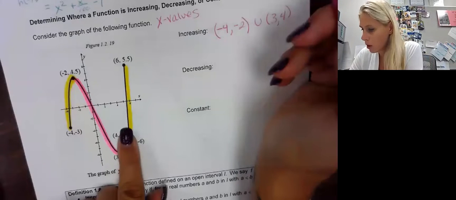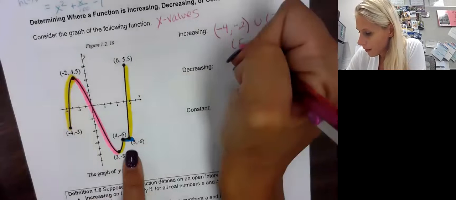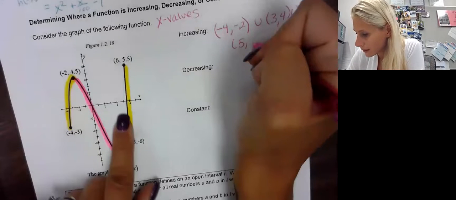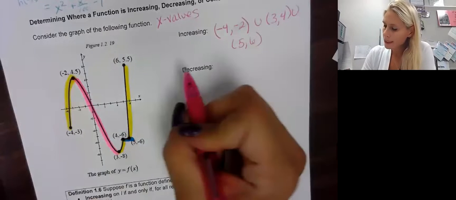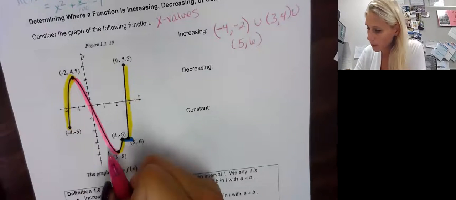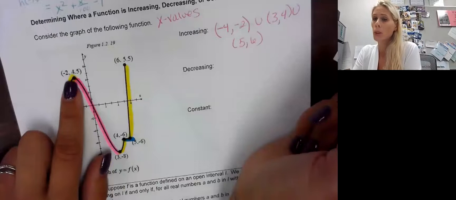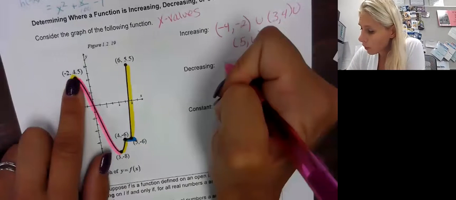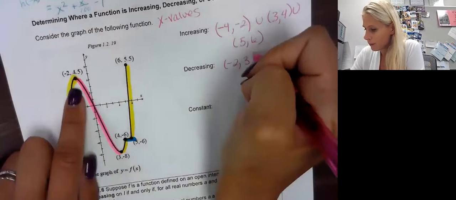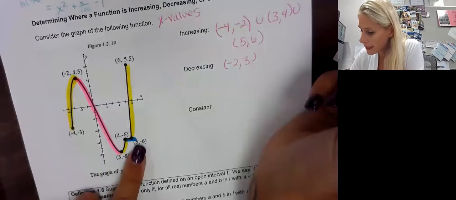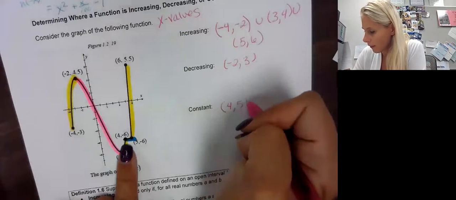That's that little yellow. And then one more increase is 5 to 6. Decreasing, I had that in pink. So remember the x values. Most people make the mistake because they put the y value in. So we go from -2 to 3. And where are we constant? That's our blue, from 4 to 5.